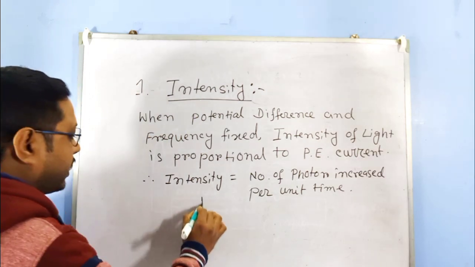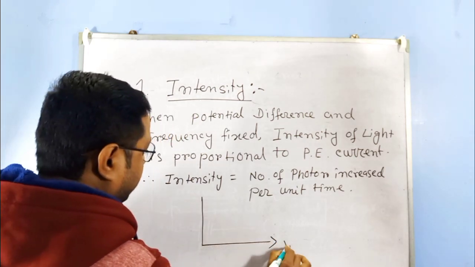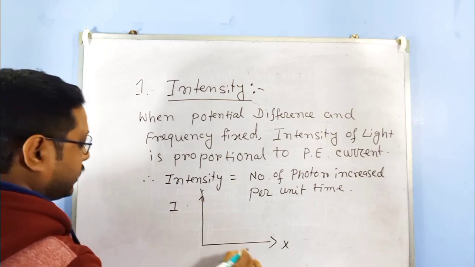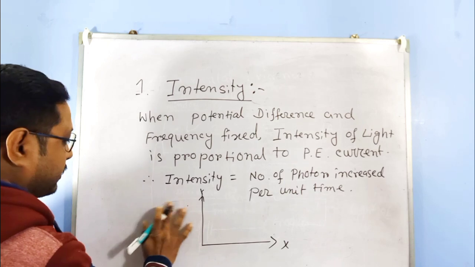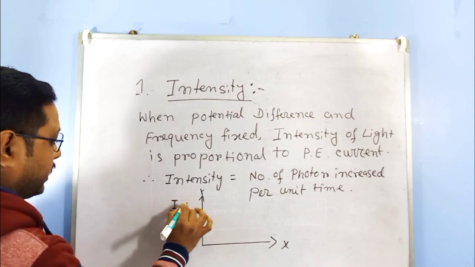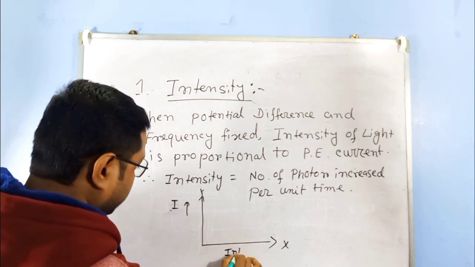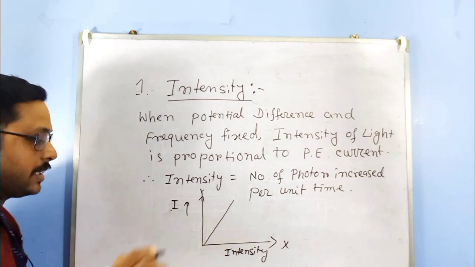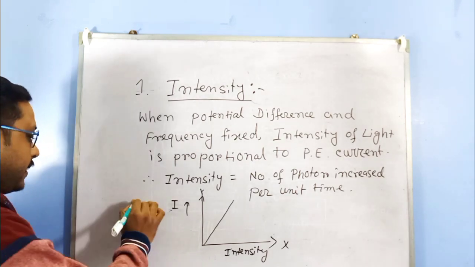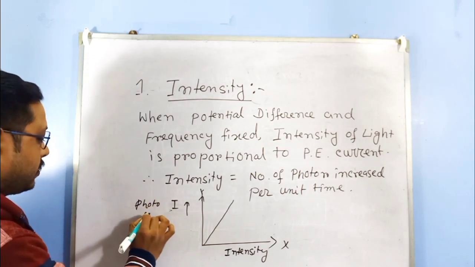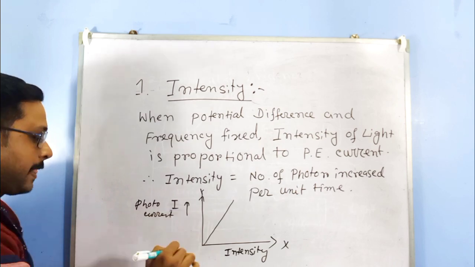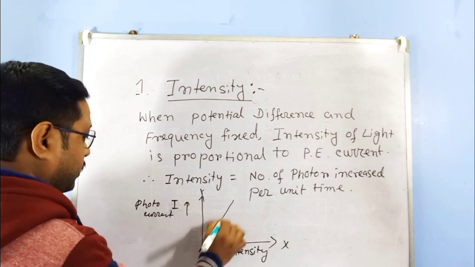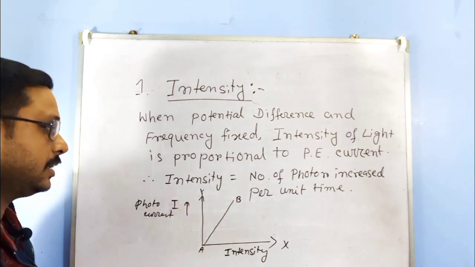So, if we draw a graph, along the y axis we put the photocurrent I, and along the x axis we put intensity, then we get a straight line, that is, linearly proportional.